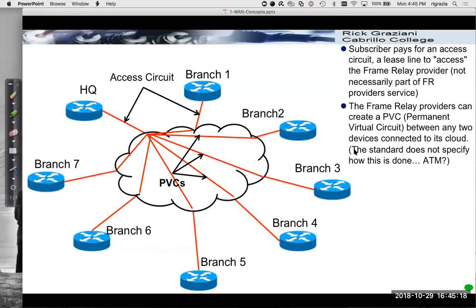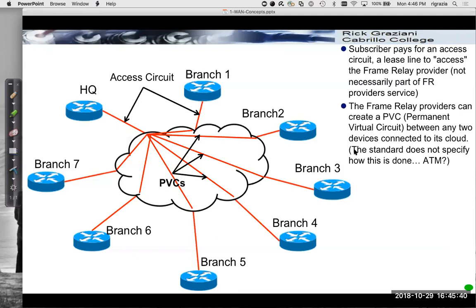So the frame relay provider will actually set up, of course this is their job, these PVCs, these permanent virtual circuits for you. They'll ask you, who do you want connected to who? Which node do you want connected to what node? You can have them all interconnected in a full mesh, or what I'm showing here, a hub and spoke.